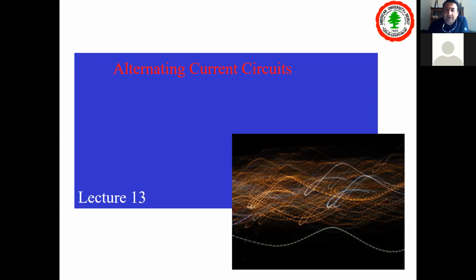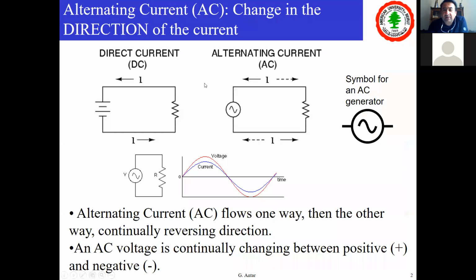So when we talk about alternating circuits, what are we talking about? An alternating current or alternating voltage or alternating circuit is one where you have an AC generator. This means that it's the direction of the current which changes, not the amplitude, okay? So the current goes in one direction, let's say clockwise, and another time it goes counterclockwise.